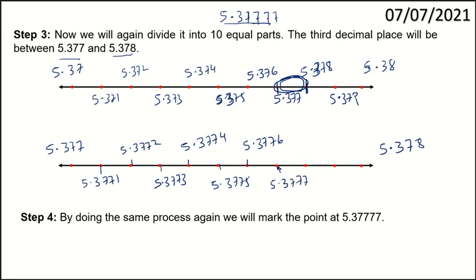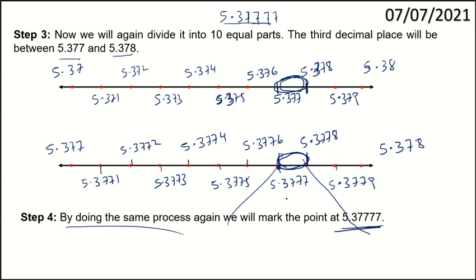So, up to 4 decimal places I have got it correct, and this is the portion 5.3778, and this is the portion 5.3779. I have to magnify this portion to further locate it up to 5 decimal places. So, if we magnify further and do the same process, we will get 5.3777 and one more 7. Okay. I hope you have understood how to do this.